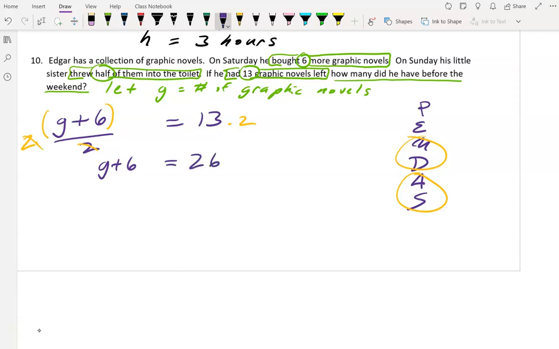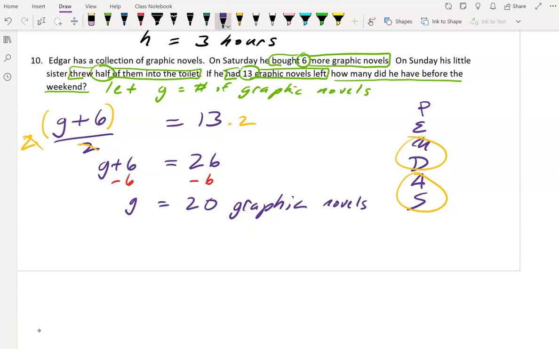Now, we don't need to bring the parentheses down because we only have one operation left, but we're going to now undo the addition of 6 by subtracting 6. And when we do that, we get just G left, and 26 minus 6 is 20. So we had 20 graphic novels before the weekend.